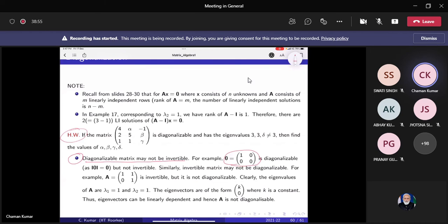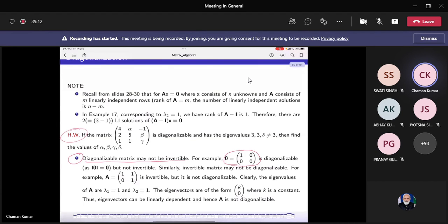A diagonal matrix is similar to itself, so therefore every diagonal matrix is diagonalizable. So this matrix is diagonalizable, but it is not invertible.